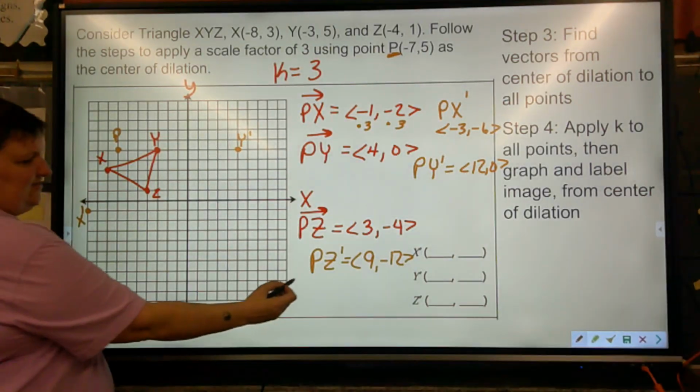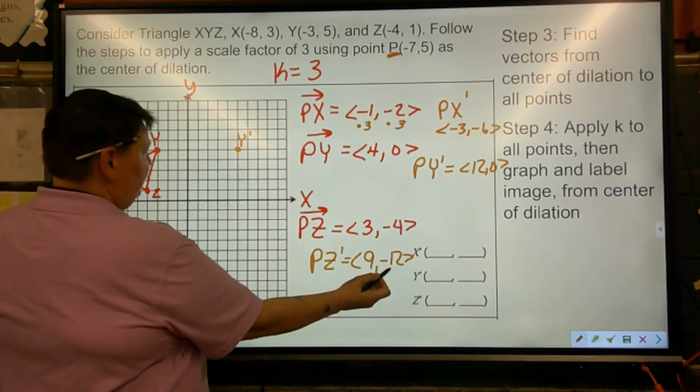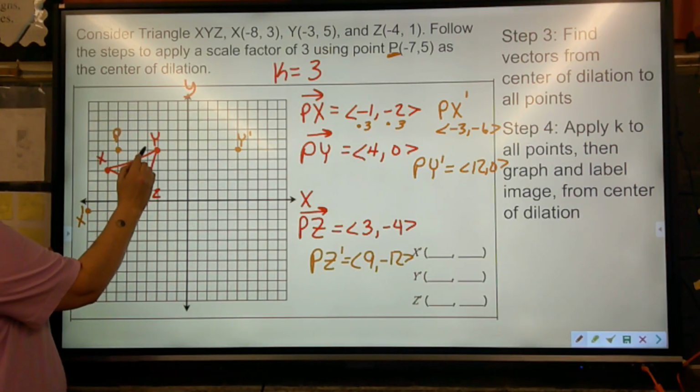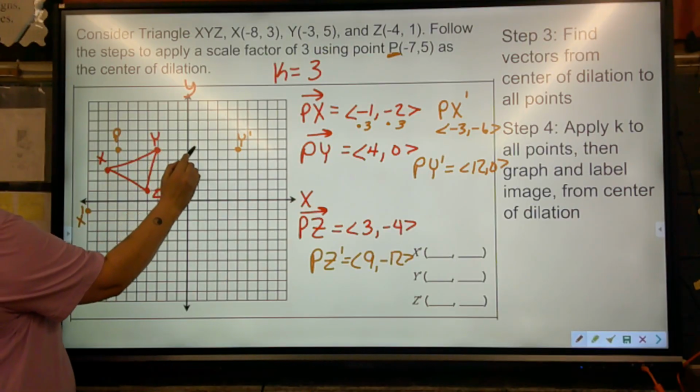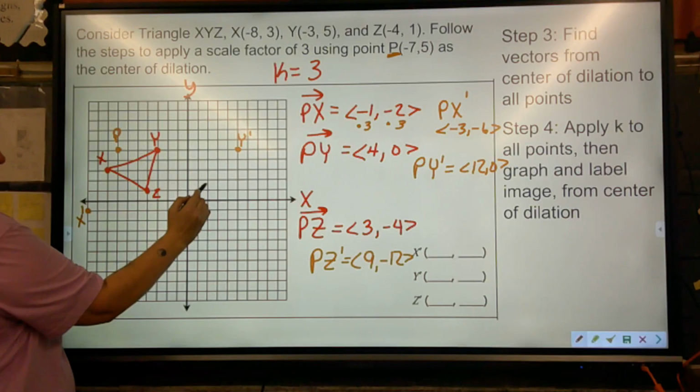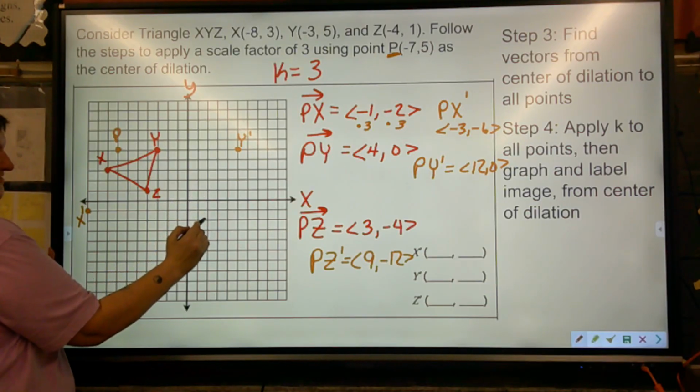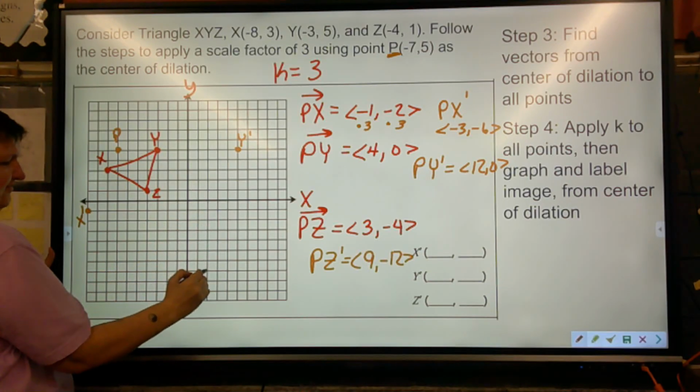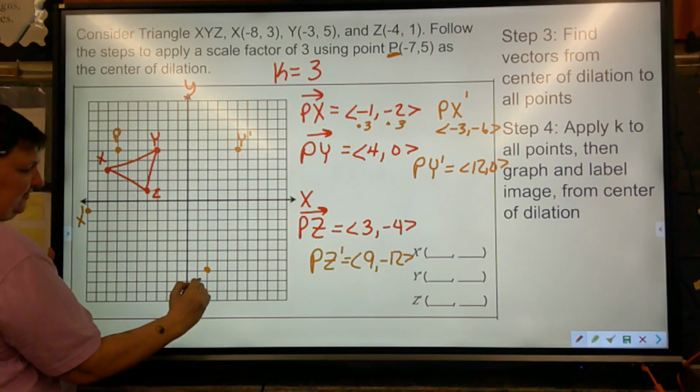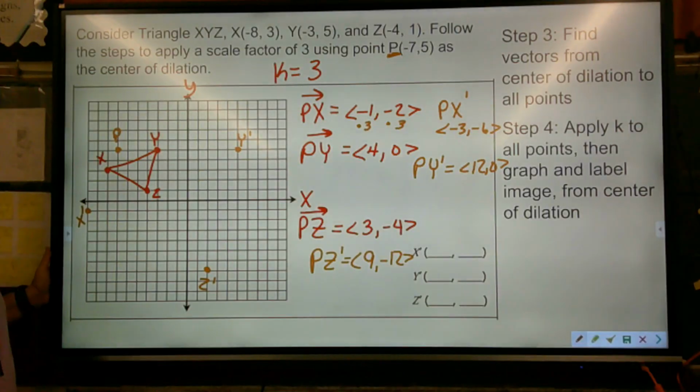And from P to Z prime, 9 right, 12 down. Z prime.